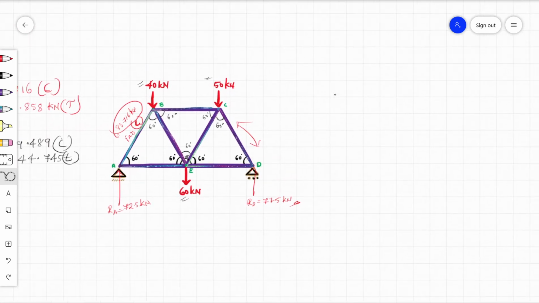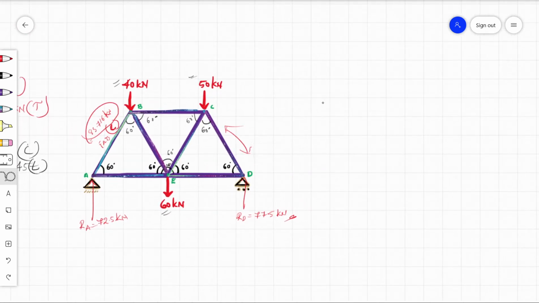We have done with joint A, joint D. So joint A is done, joint D is also done. Now we go to joint B in the top chord.